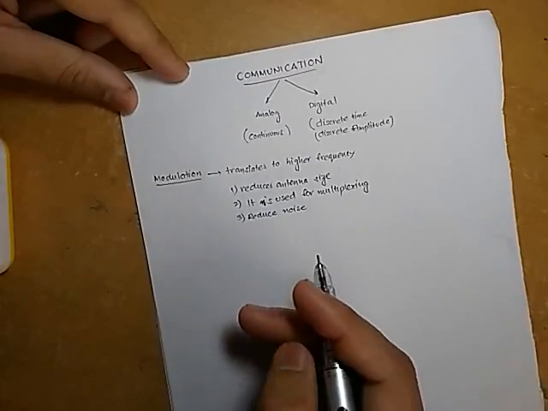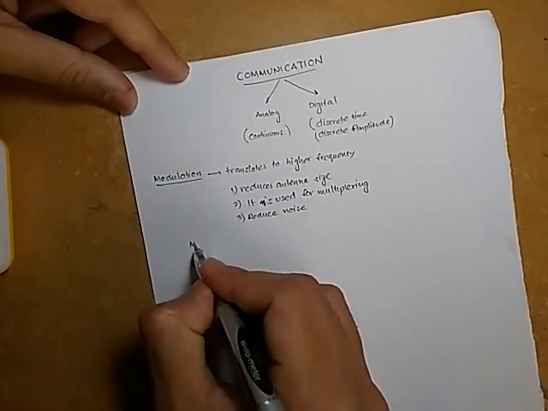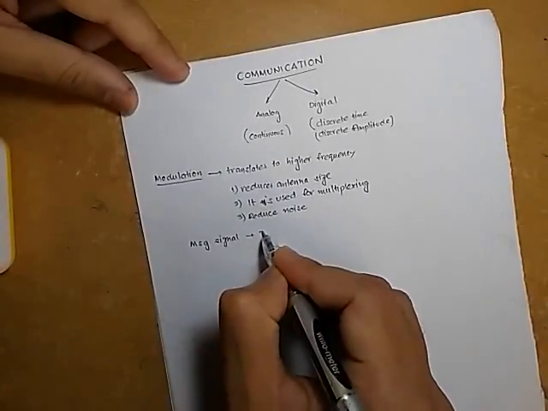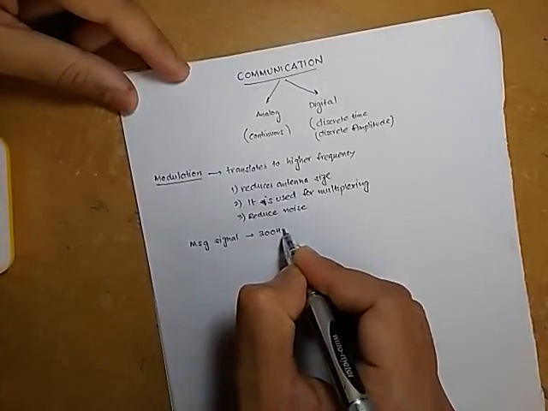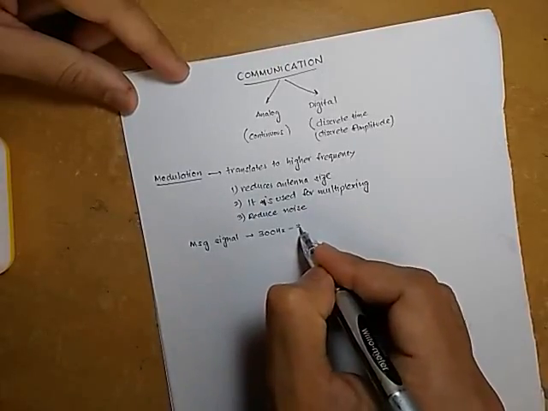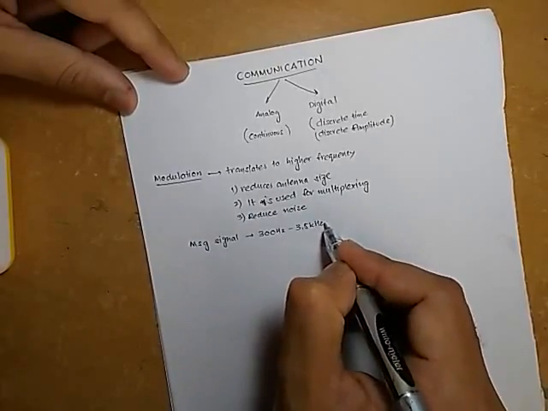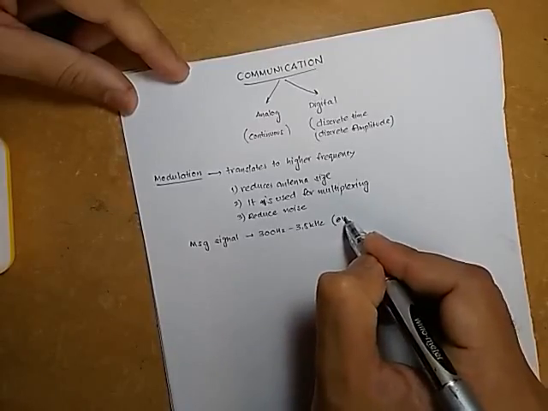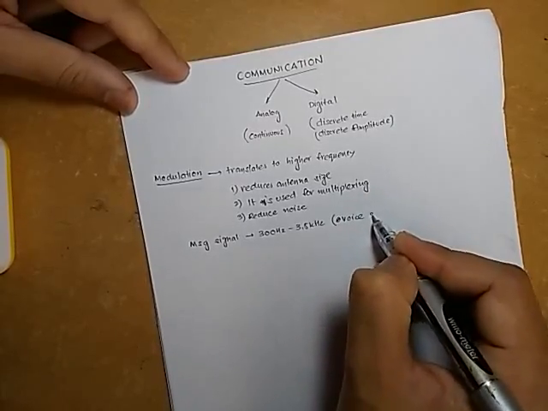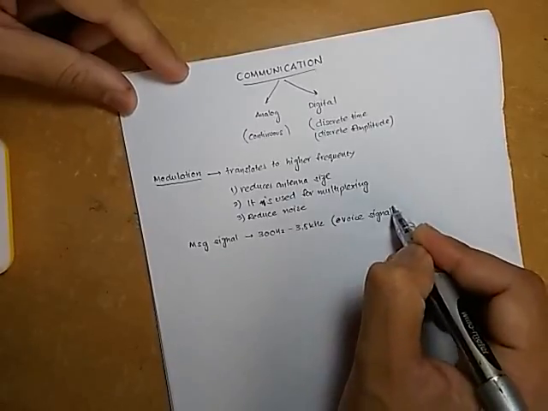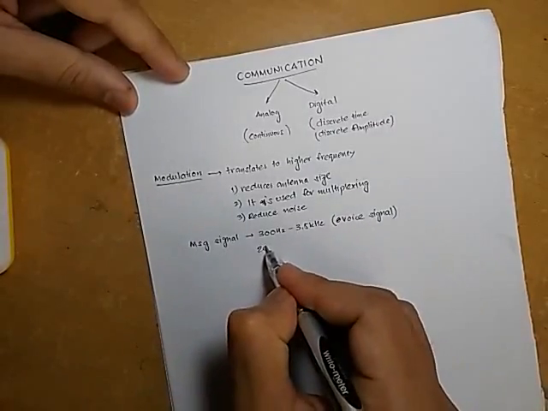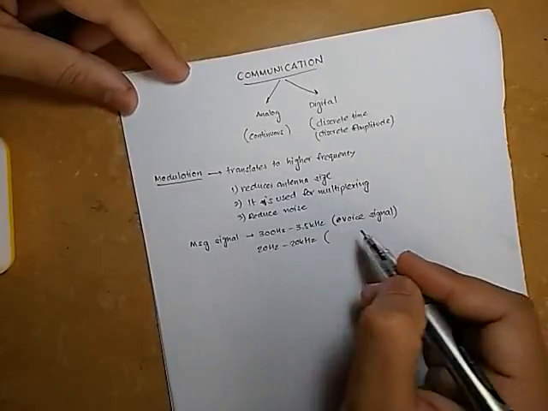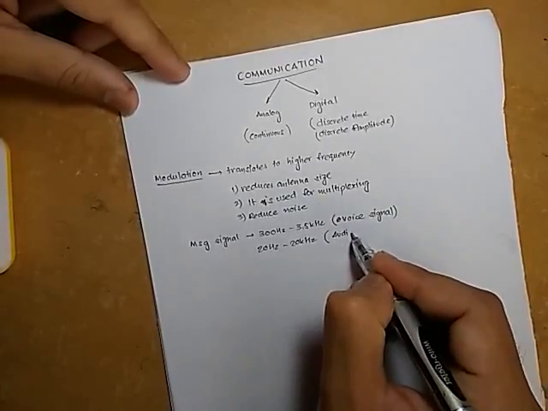So what are our message signals? Message signals are actually in the range of 300 hertz to 3.5 kilohertz for voice signals, and 20 hertz to 20 kilohertz for audio signals.